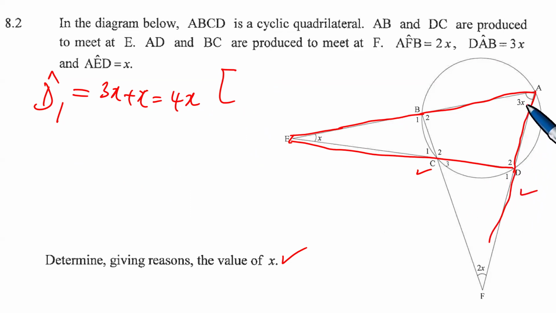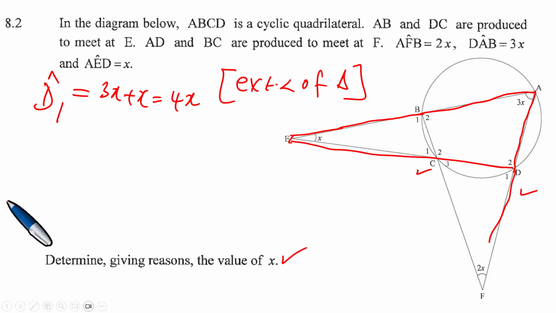This D1 is the sum of these 3x and x. So we write exterior angle of triangle, and we understand that the exterior angle of a triangle is the sum of the interior opposite angles. So we found this one to be 4x.